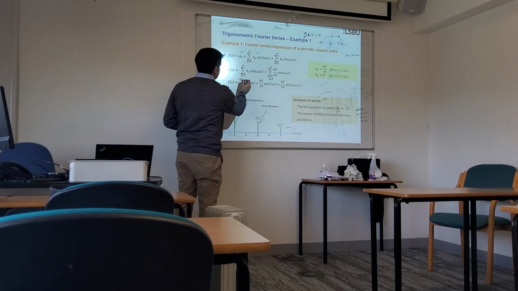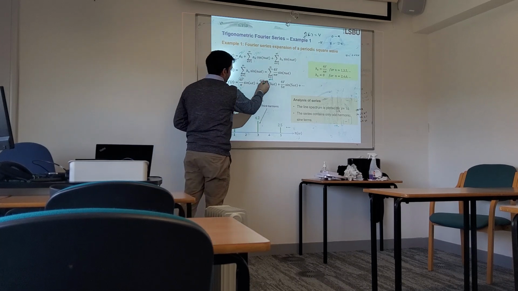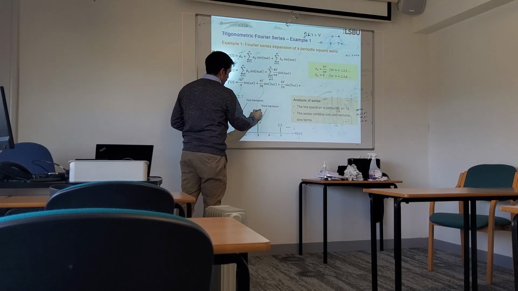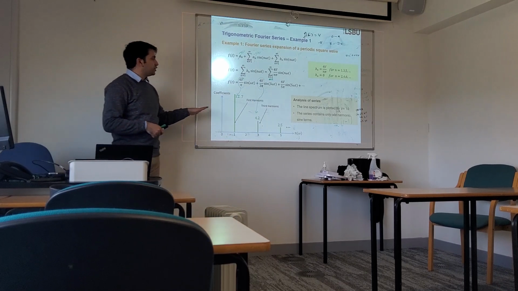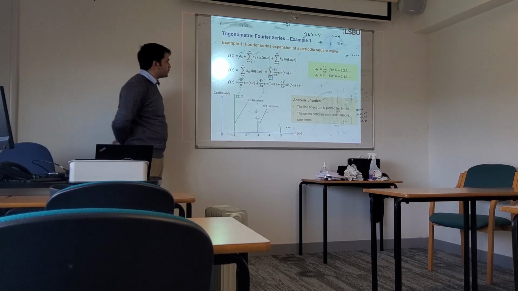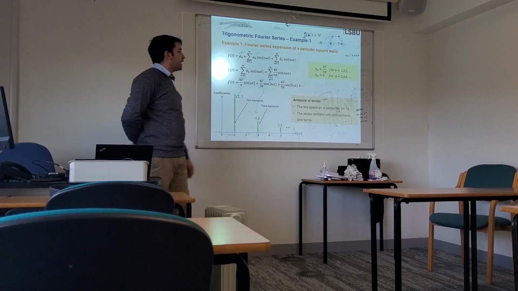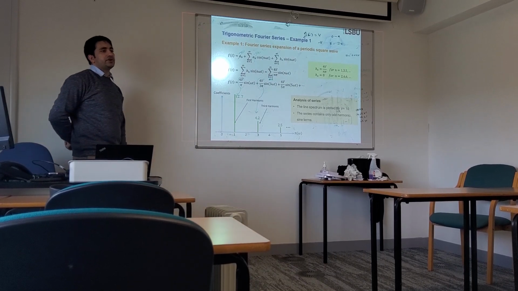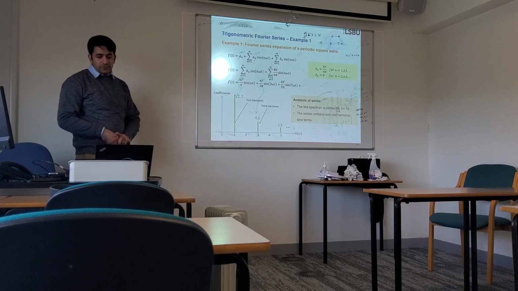So if you know this is 10, this would turn out as 12.7. This term would turn out as 4.2 and so on. So we only take coefficients to draw the line spectrum. And there was another conclusion that the series contains only odd harmonics, odd sine terms. So there are no other terms, no Bn for even, Bn is only for odd.